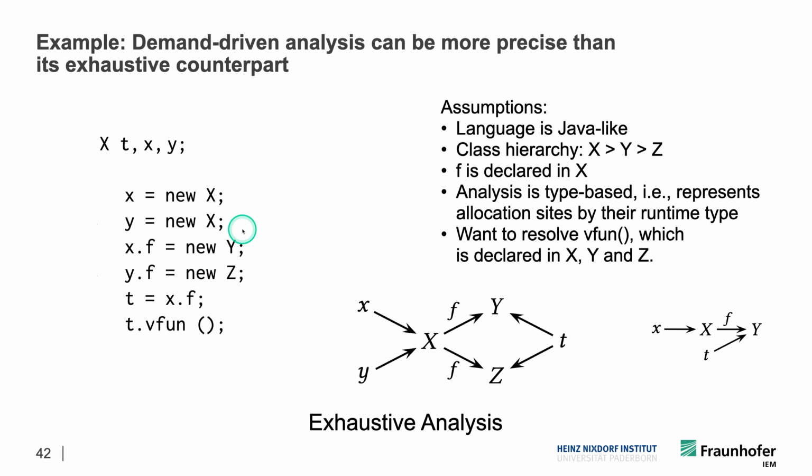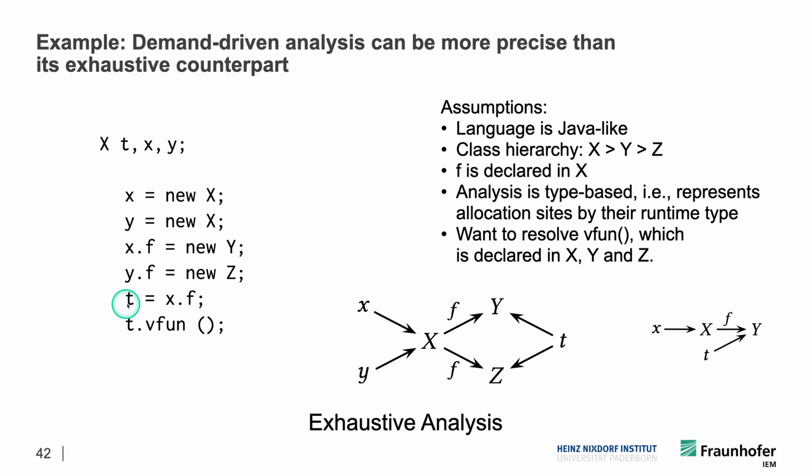So at least, by what the analysis assumes through its representation, it assumes that these alias relationships are possible, and therefore they creep into this result here, right? So they make it imprecise. Whereas in the demand-driven analysis, this does not creep into the result because anything related to y is not even relevant, right? It's not even considered.